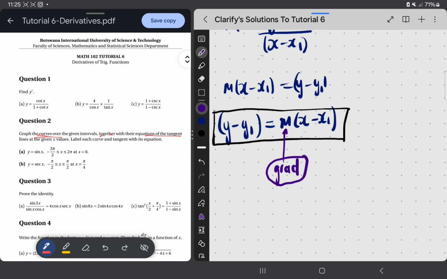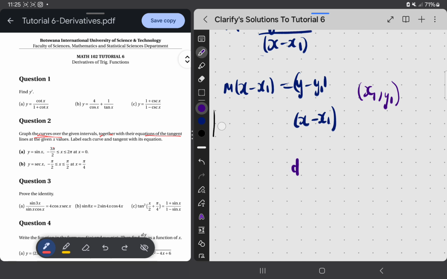So differentiation will give us m. Then there's going to be a point called x1 comma y1. This is the point which your curve passes through. You're going to go to a certain point which your curve is passing through, and that point is the one you're going to put, because we don't want to see x1 and y1 in the equation. Okay, you understand that? Good. So we're going to substitute those 2.